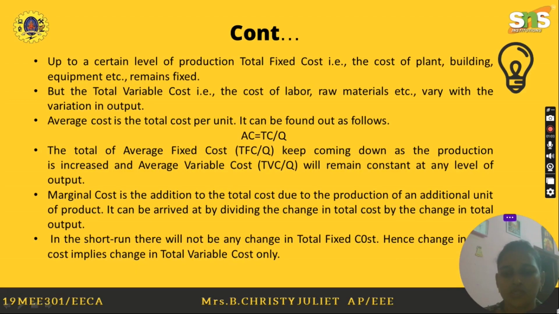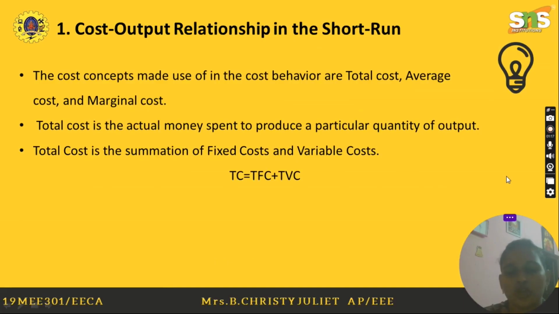Hence the changes in the total cost imply changes in total variable cost only. So that is what cost output relationship in short run is all about. So in short run, the total cost can be calculated mainly by calculating the total variable cost, because the total fixed cost will remain constant, it will be fixed.